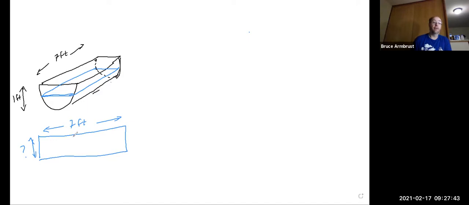Think about what we want. If we want the work, we're going to need to integrate force times displacement. The force is going to be the density times the volume, and the volume is the area times the thickness.